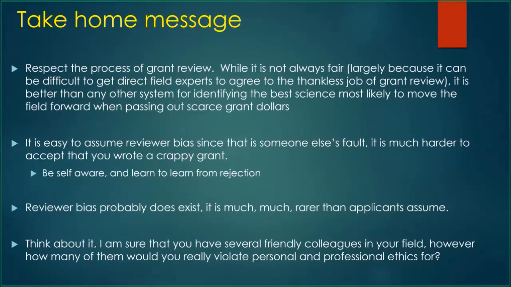And the very first reaction that you will get in that angry phase when you get the reviews back is that maybe the reviewers were out to get you. One reason that it's easy to blame the reviewers is that then it's the reviewer's fault. It's not your fault for not writing a grant in such a way as to make it understandable to somebody. So you really do need to be self-aware. You need to learn how to handle rejection, and you need to learn from rejection.